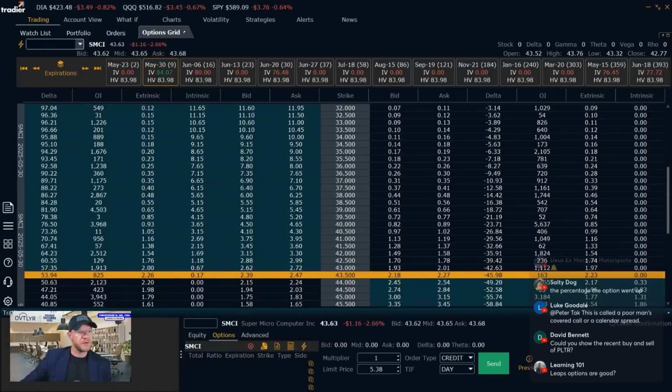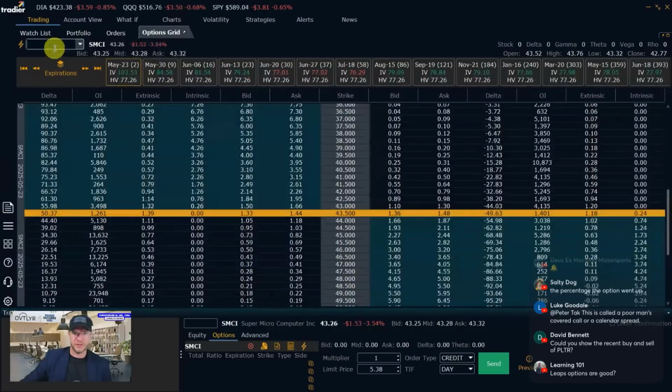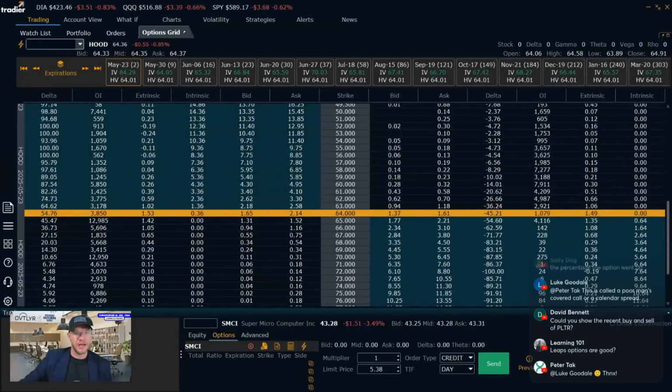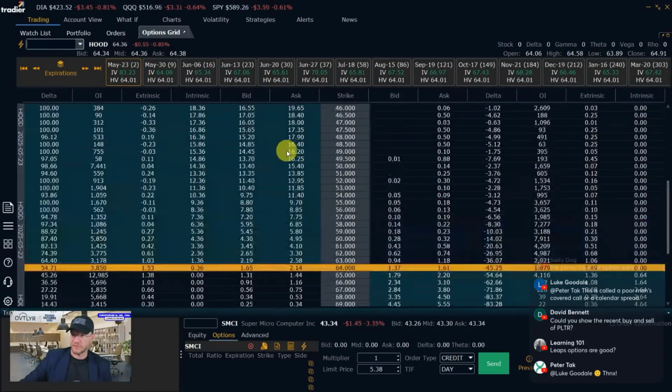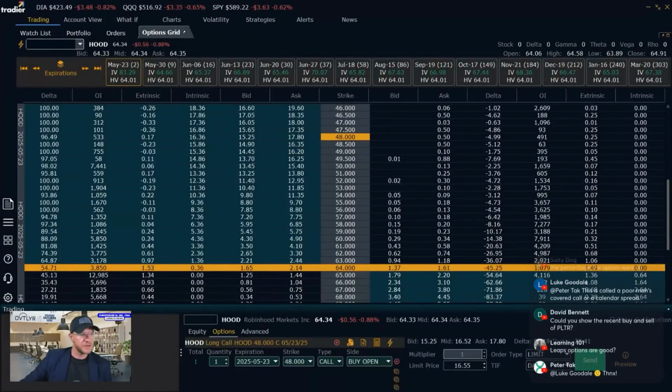I originally bought the May 30th on Hood. Bought the 48 calls. When I bought it, it cost me, what should it cost me? $7.50. Let's pull up a spreadsheet here.